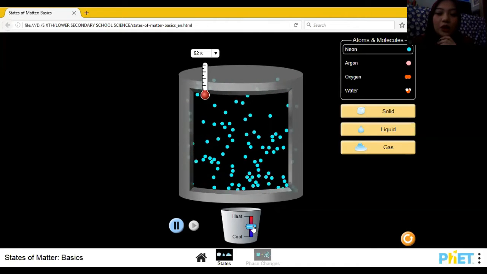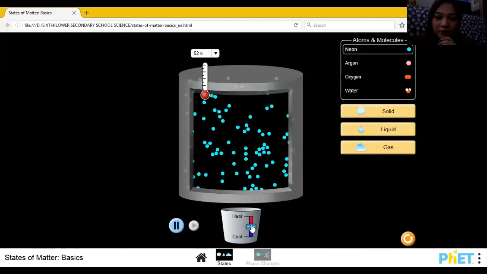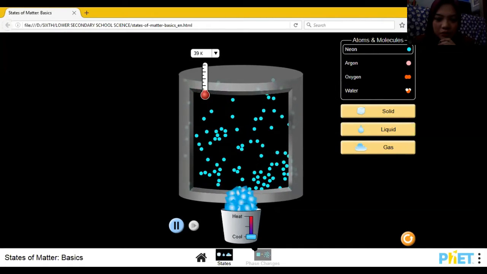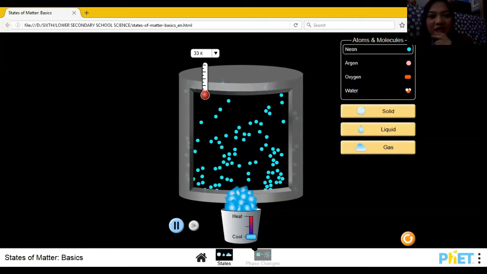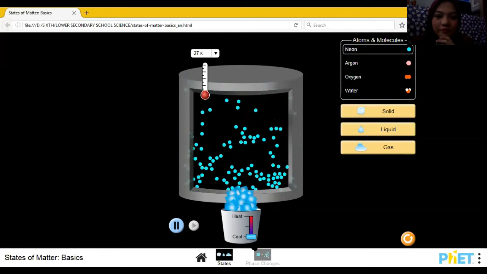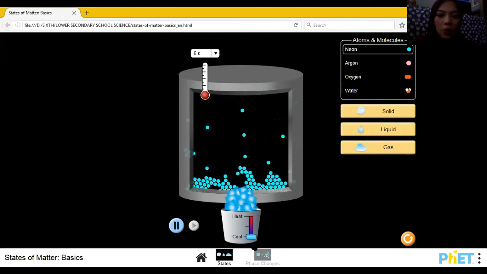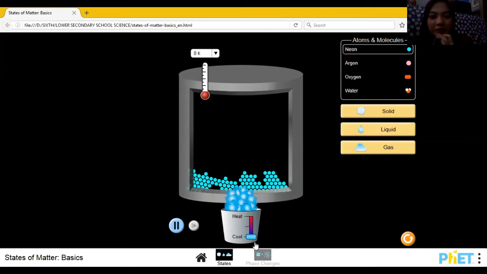What if we cool down this condition? We cool down, it takes a little bit of time. You can see that the particles go down and become still, not flowing around like that.